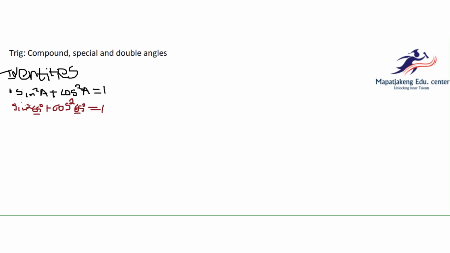So sine squared 100 plus cos squared 100 is equal to 1 always. That's what this identity means.